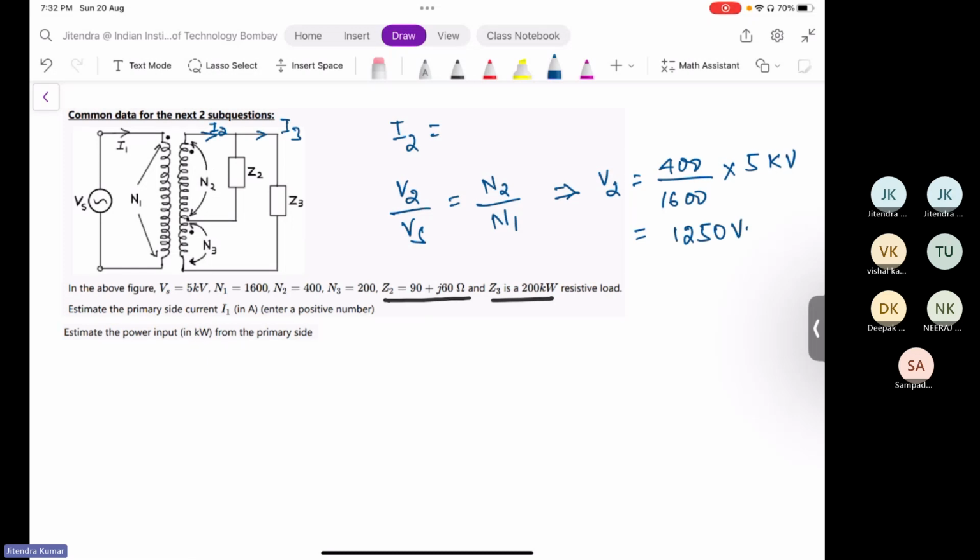And I2 then we can compute. I2 will be 1250 volt divided by Z2. So Z2 is 90 plus j60.